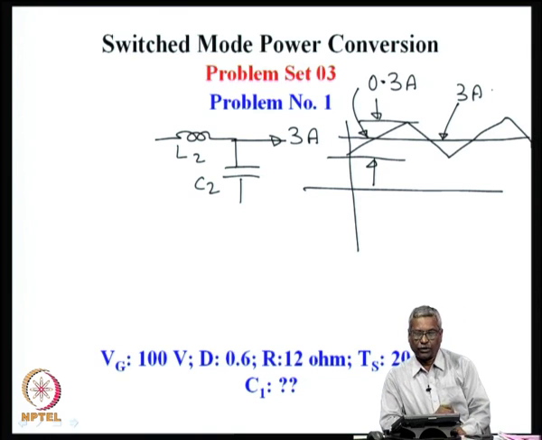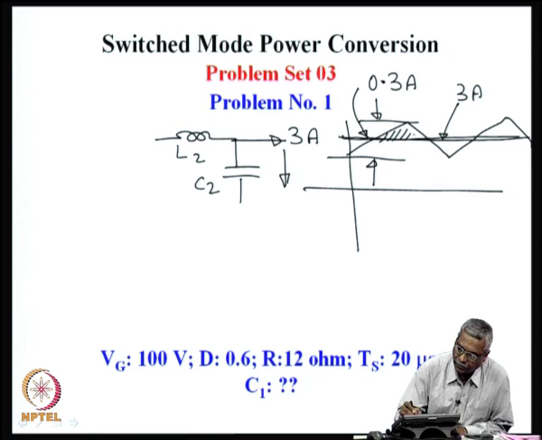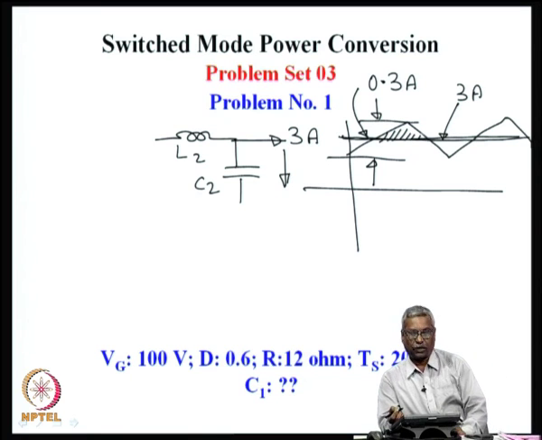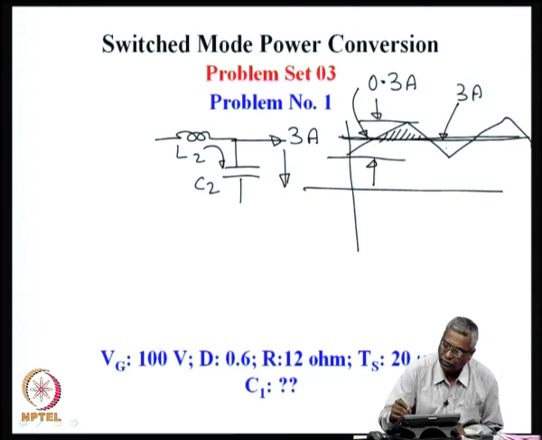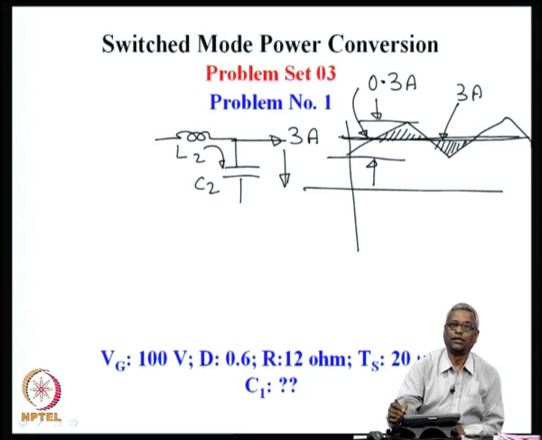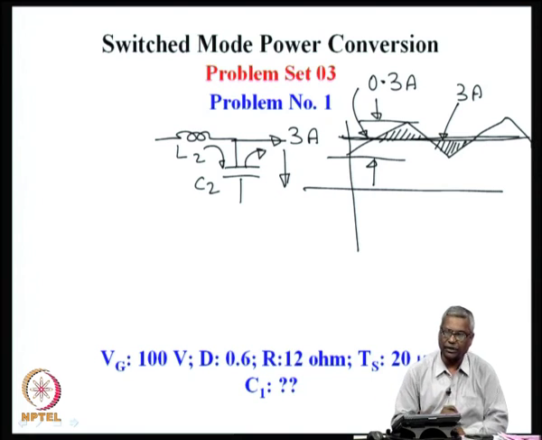Right. So, in this particular example, if the output current is exactly 3 amperes, then what we see here, the current above the DC current is the current going into the capacitor, and what we see here, the current below the DC current, output current, is the current coming out of the capacitor.